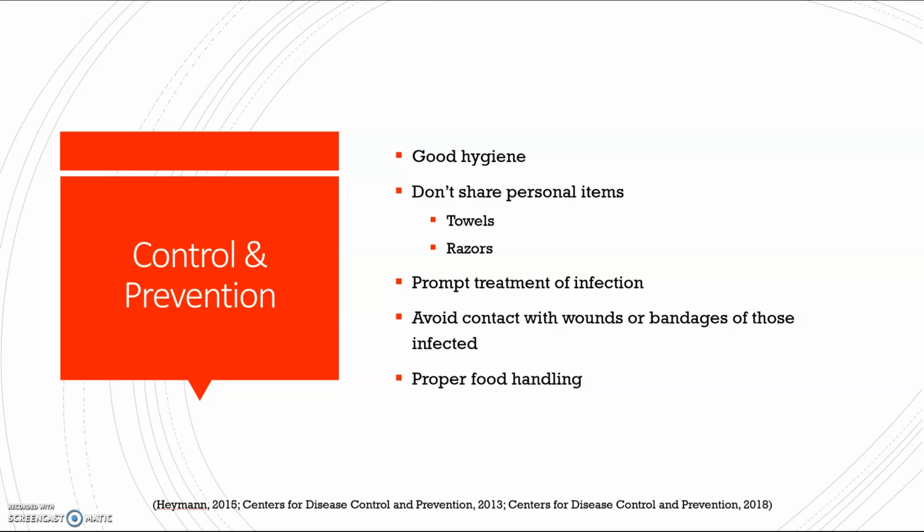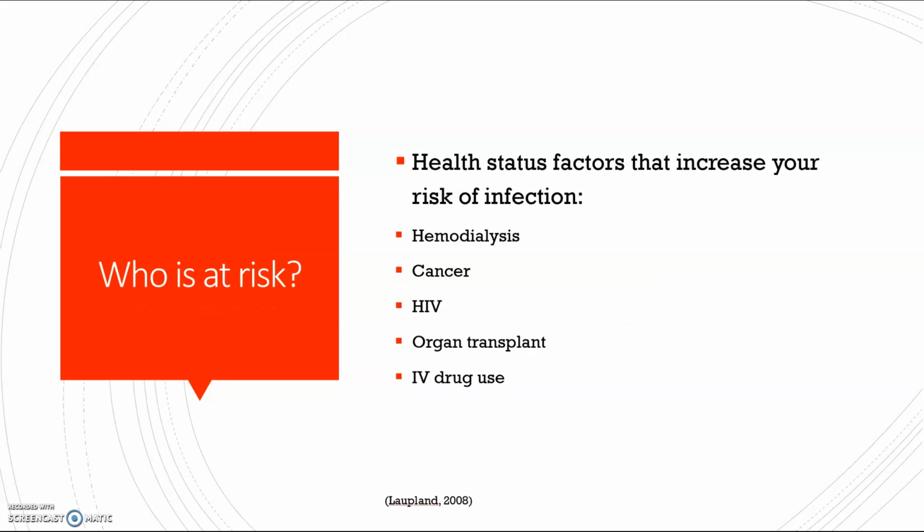So if you're helping someone with a dressing or a bandage that has a staph infection, you need to be sure to wear gloves or wash your hands so that you don't get an infection yourself. And proper food handling, getting food in the refrigerator within 2 hours, or if it's above 90 degrees outside, get it in within an hour. You don't want to end up in the bathroom sick.